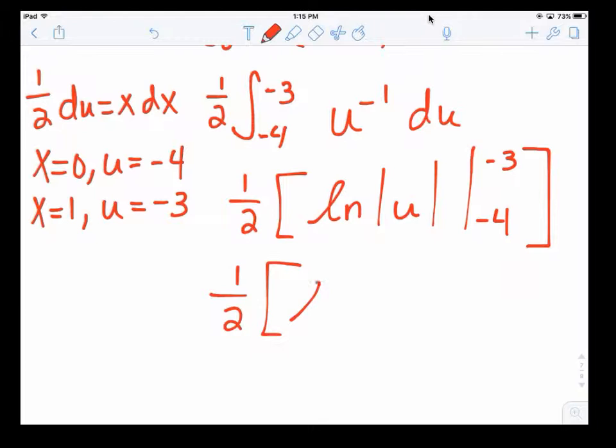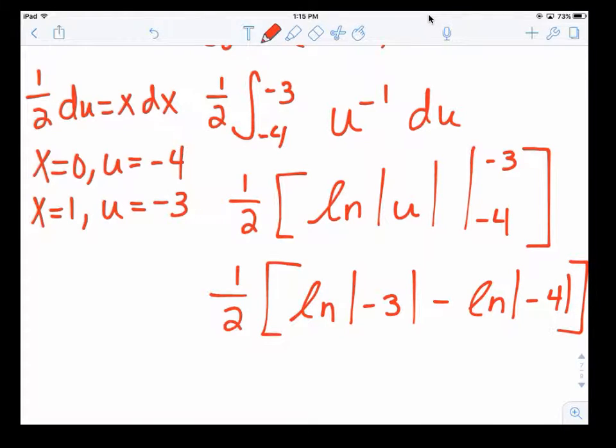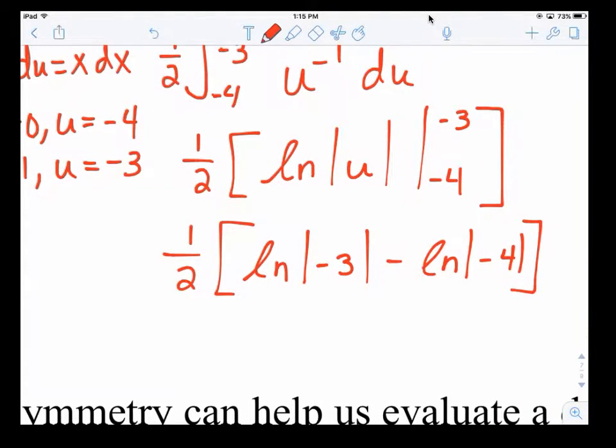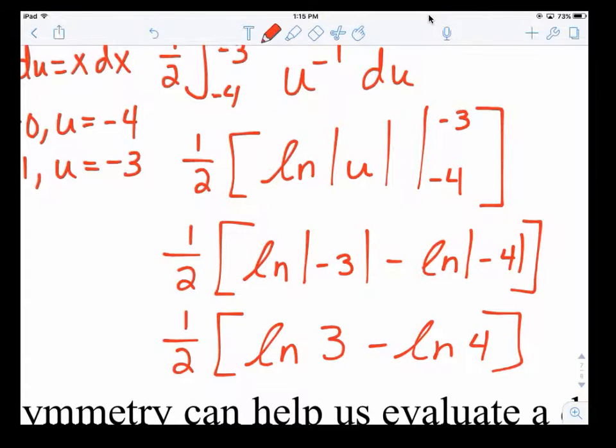All right, so I got ln of -3, top minus the bottom, ln of -4. What does that come out to be?